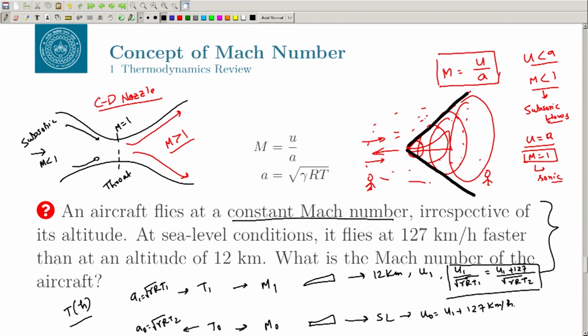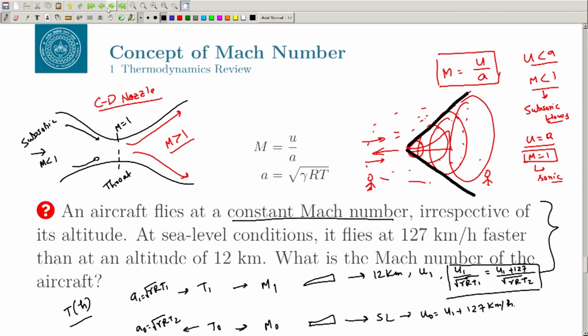You can make the calculation, and because you know the values of temperature from the atmospheric table, you can calculate the value of u1, and from that the Mach number. Remember that as you go above the ground, your speed of sound decreases. So, if an object is flying at the same speed at a certain height as it was at sea level, the Mach number will increase as you go up.